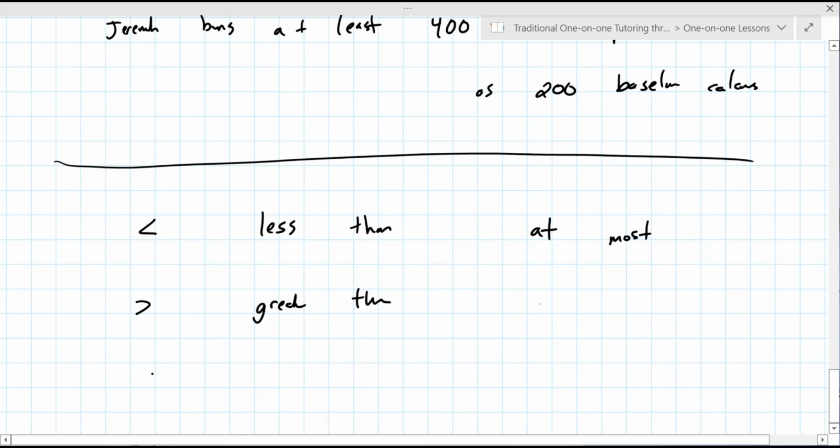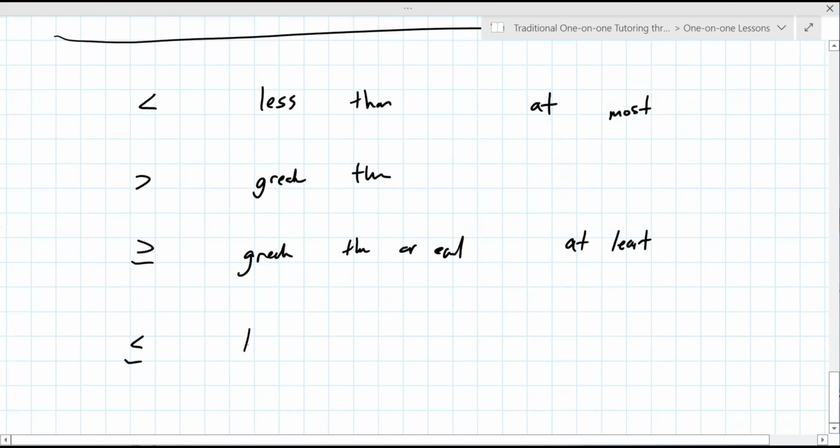Greater than or equal to, sometimes we say at least. And then less than or equal to. Sometimes there are some other words here, but that's what we're trying to get to in some of these problems.